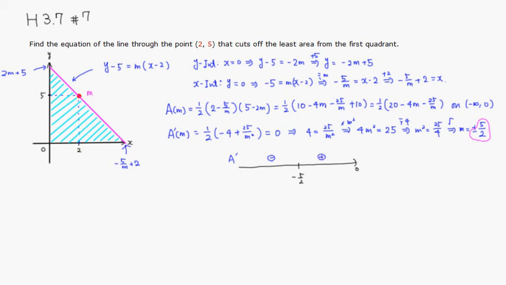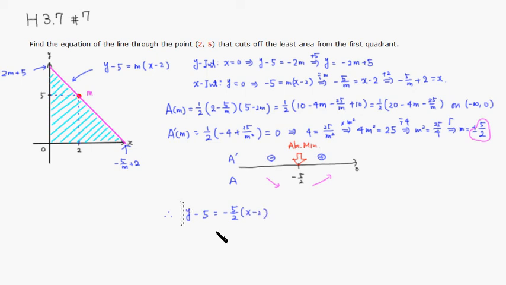So the area function is decreasing before negative 5 over 2 and increasing after, so this is the absolute minimum. When m equals negative 5 halves, we have the smallest area. Therefore, the equation of the line is y minus 5 equals negative 5 halves times x minus 2.